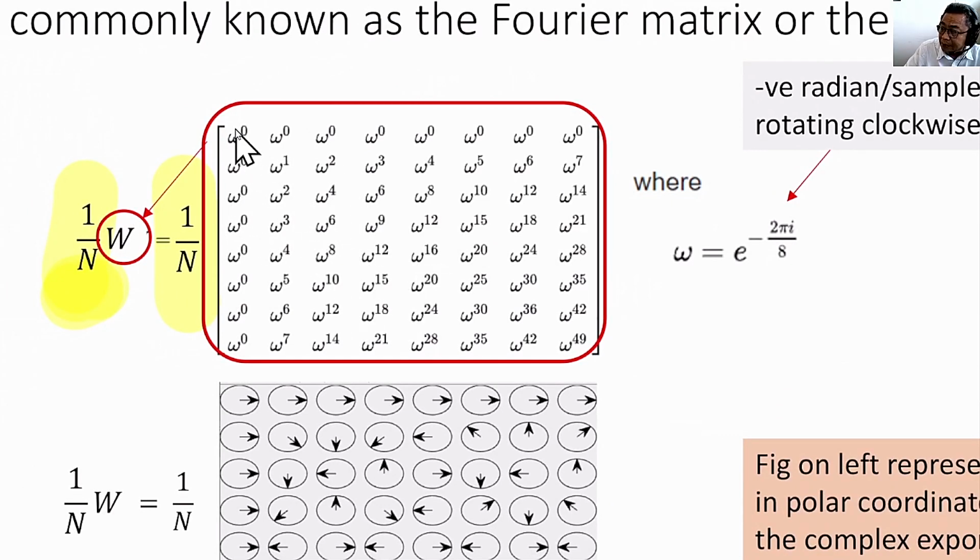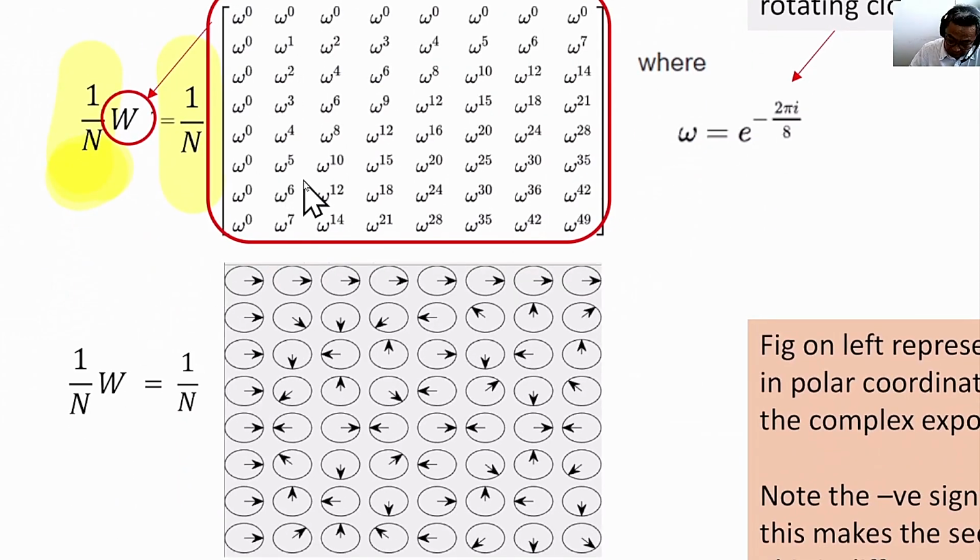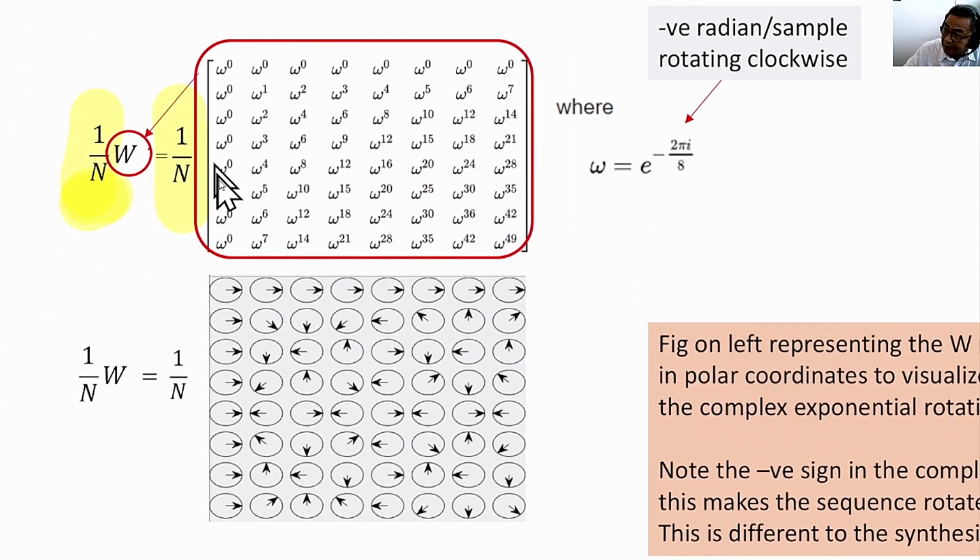Now let us examine the columns of this W and see the rotation. Notice that the first column again is all 1 because it's the DC. The second column, which we called B1 in the past, is also rotating, but this time it's rotating in the clockwise manner as opposed to the synthesis matrix, which rotates in the anti-clockwise manner.